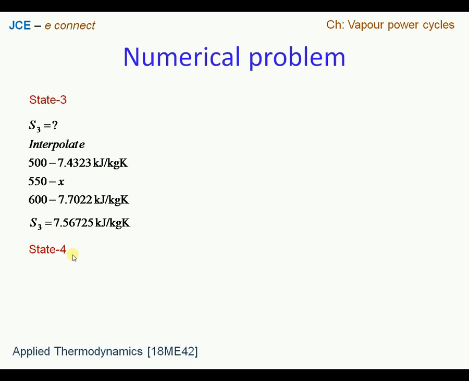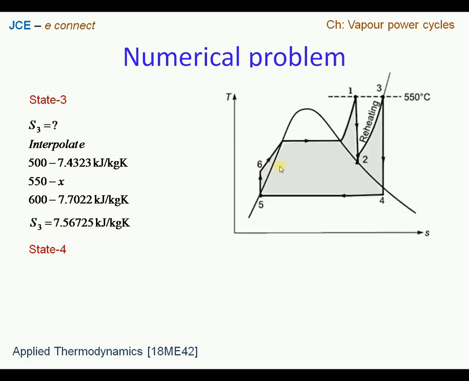Now we'll proceed to find out the enthalpy at state point 4. Now let us look at the TS plot. We are now ready with state point 1 data, state point 2 data, state point 3 data. Now we have to find out the enthalpy at state point 4. To do that, we have to first find out whether this point is within the saturation dome or outside the saturation dome.